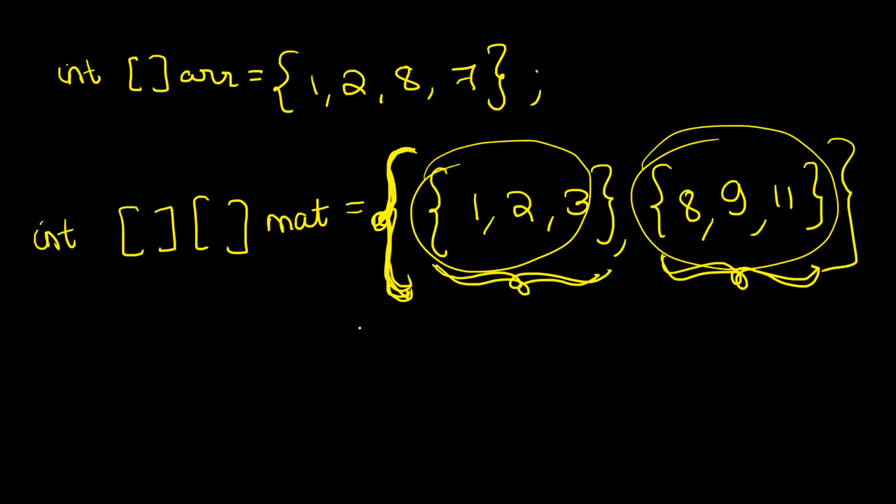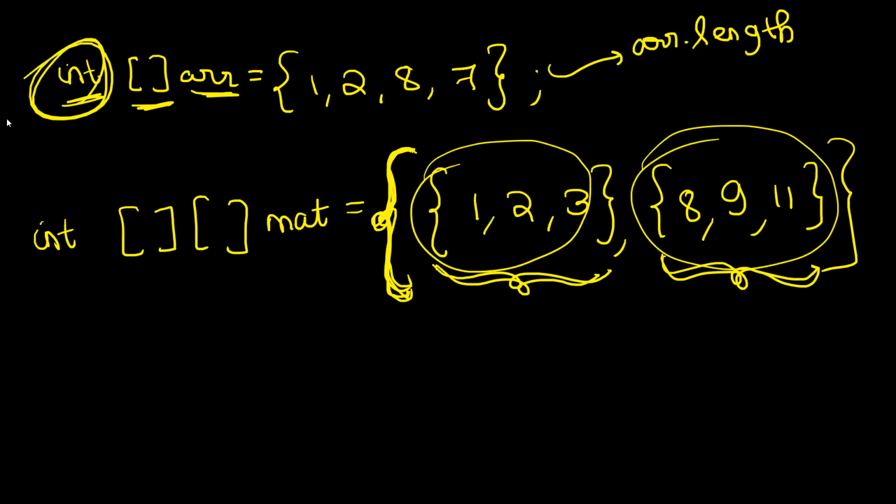Now, can you tell me, guys, when you did an ARR.length here, what did you get as output? 4? Because there are 4 integers. This was an array of integers. Now, what is this that we are looking at? This is an array of one-dimensional arrays.